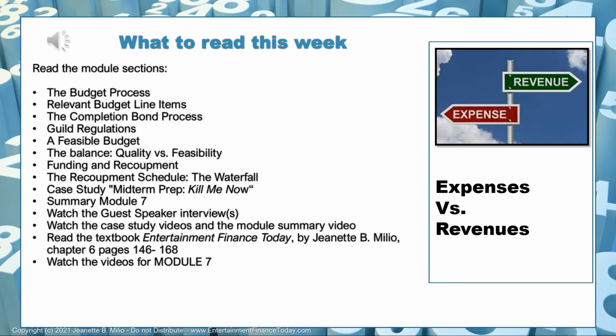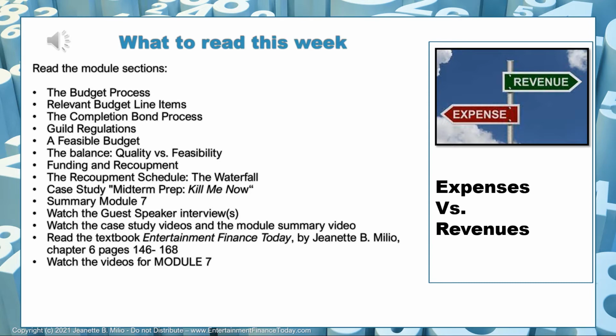And if you haven't done so, I'd like you to read the following module sections: the budget process, relevant budget line items, the completion bond process, guild regulations, a feasible budget, the balance, quality versus feasibility, funding and recoupment, the recoupment schedule. Look at the case study for the midterm, which is called Kill Me Now.